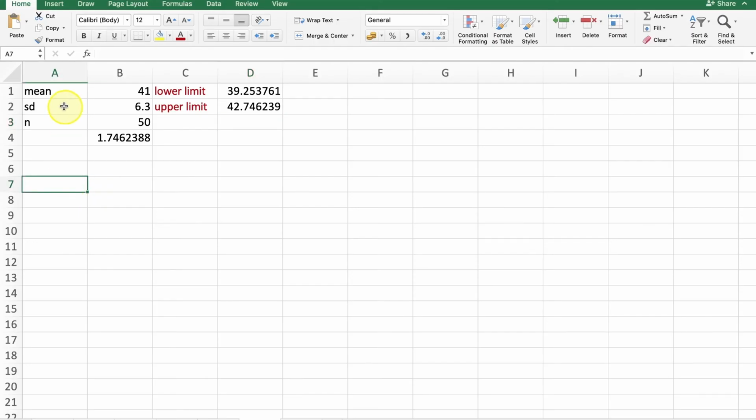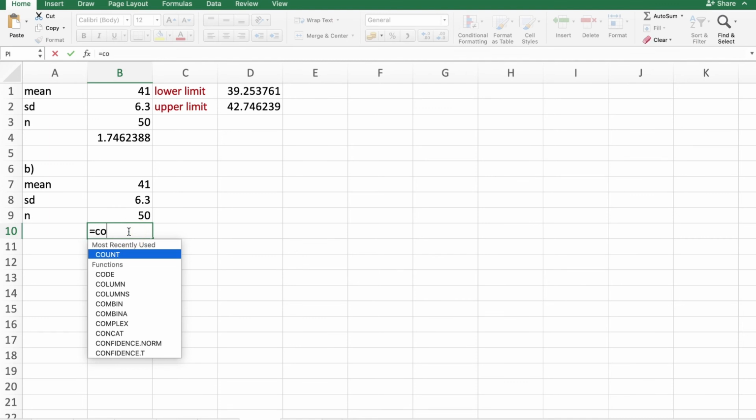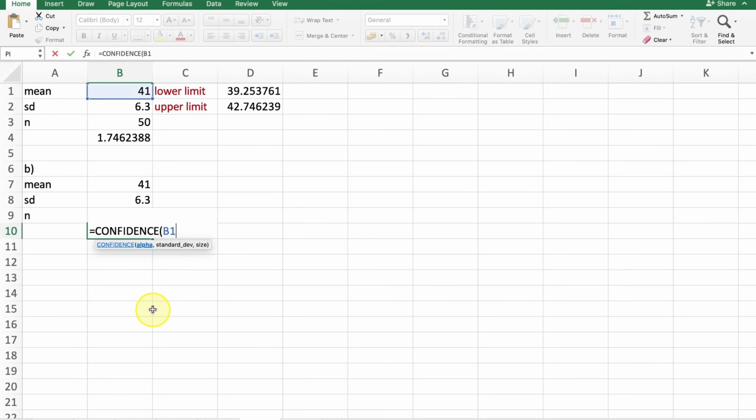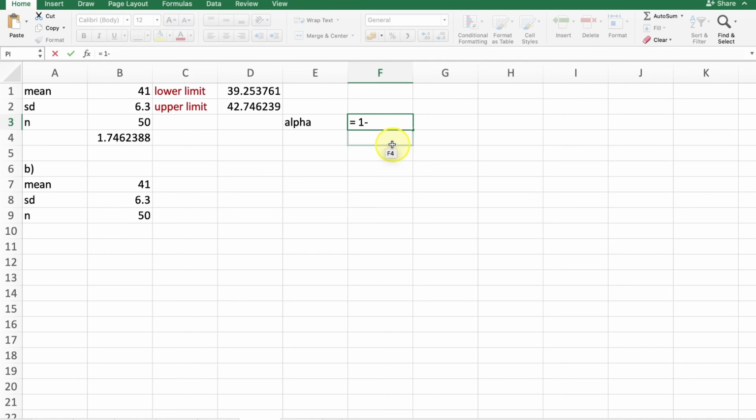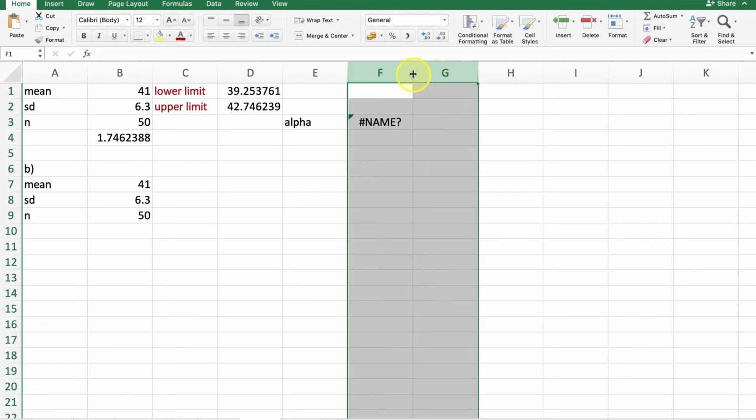Now, let's show also the solution to letter B. So, for letter B, let me copy. Okay, so letter B. This is letter A. So, for letter B, 90% confidence, yes? Equals, type in confidence, the last option, and then it requires the alpha. So, your alpha is equal to 1 minus the confidence level. And that is your significance level expressed in decimal.